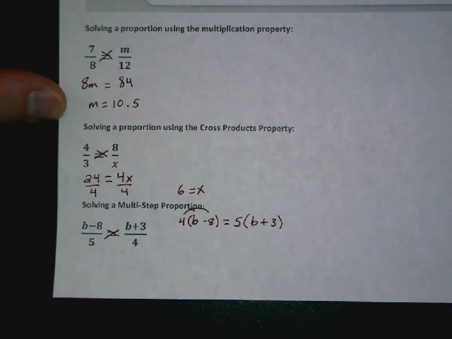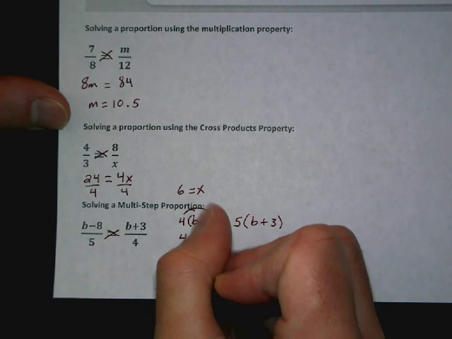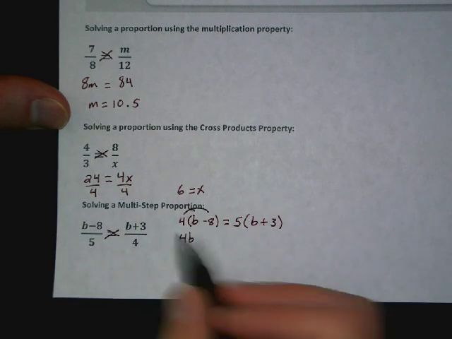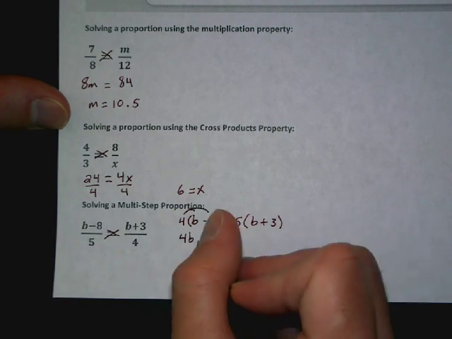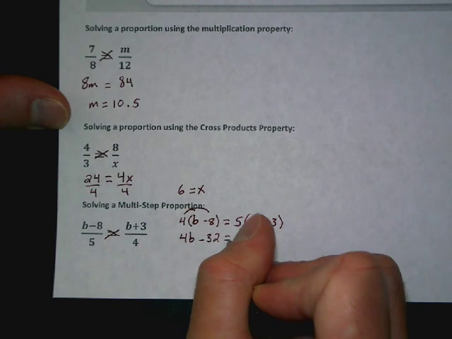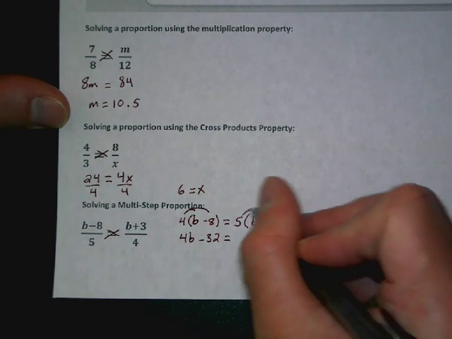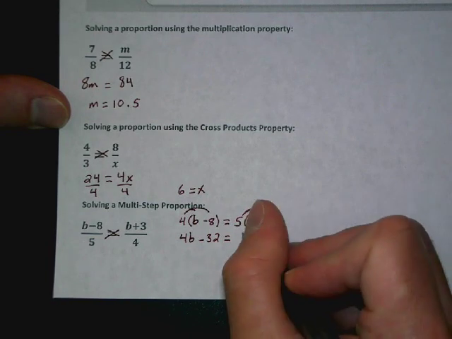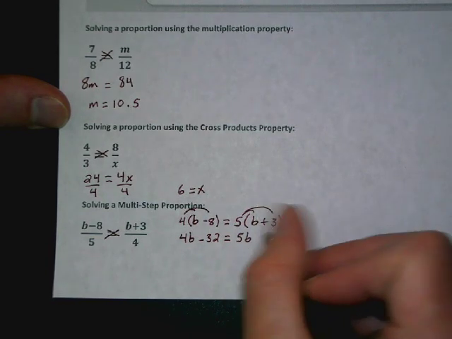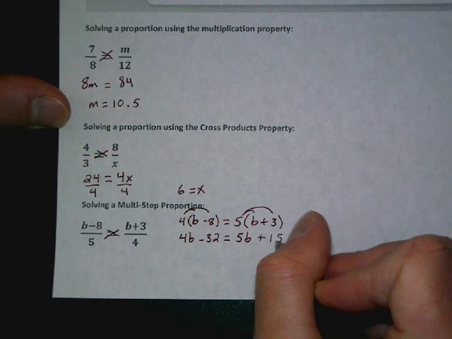So we distribute on the left, we got 4 times b. We should have 4b, and then 4 times negative 8 gives us negative 32, and then distribute on the right side. So 5 times b, 5b, 5 times 3, 15.